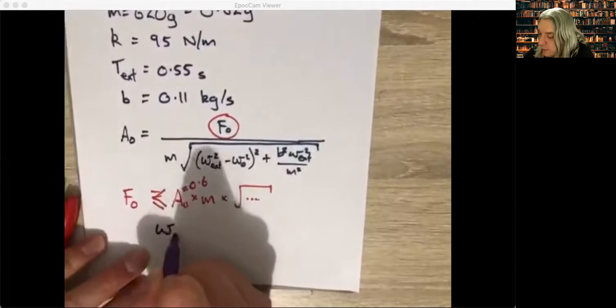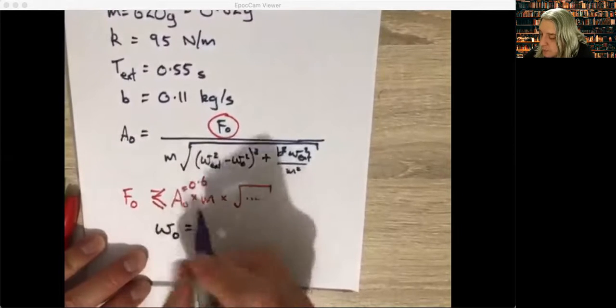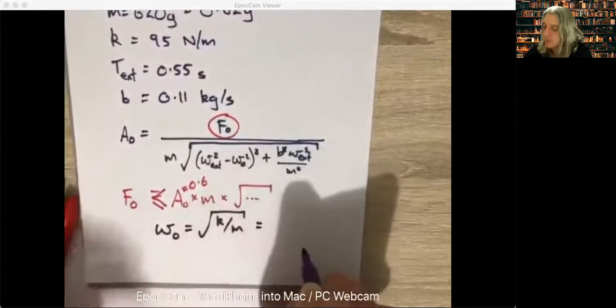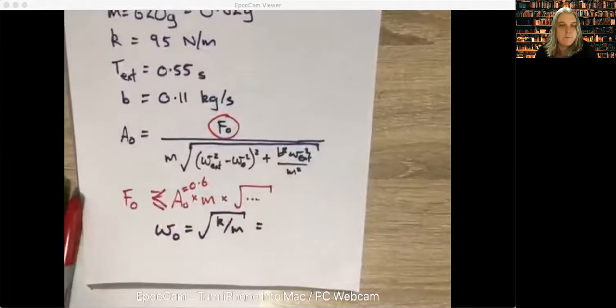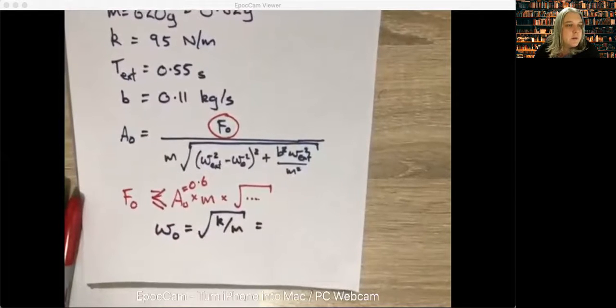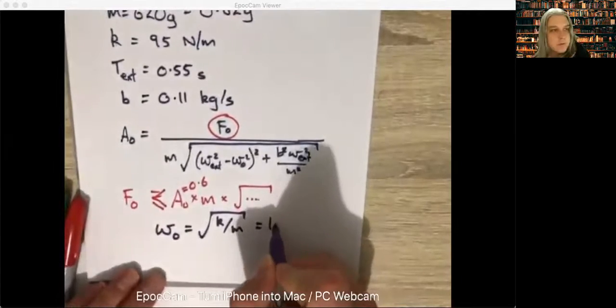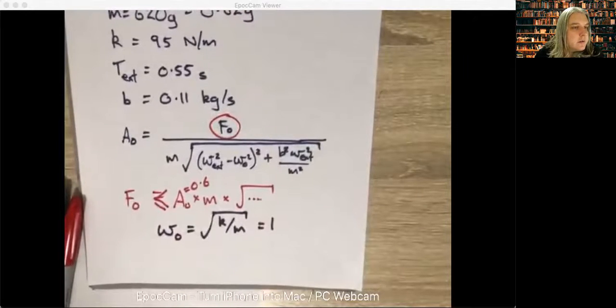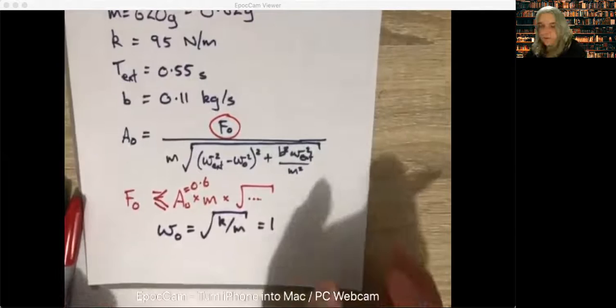The natural frequency is equal to the square root of k over m, which is nice and straightforward for this one. I've got my handy cheat sheet that I prepared earlier that tells me that that is, am I even looking at the correct one? Yep, so 62, 95, 55.